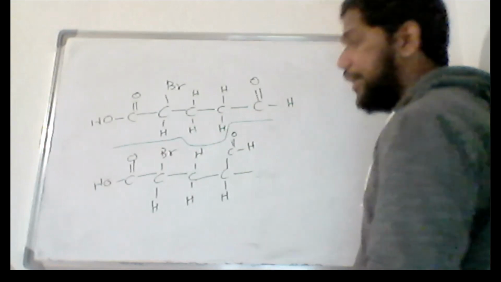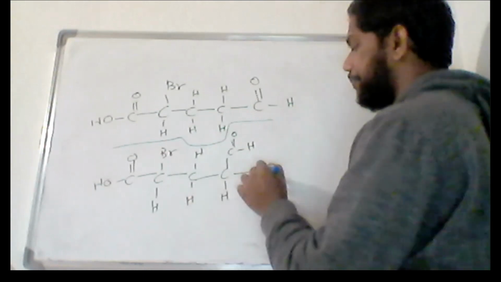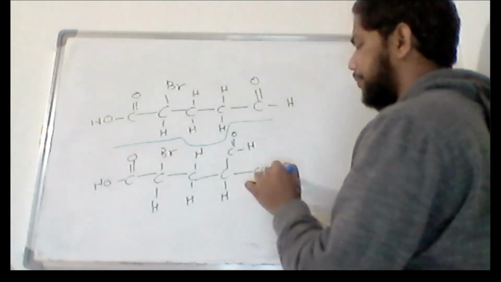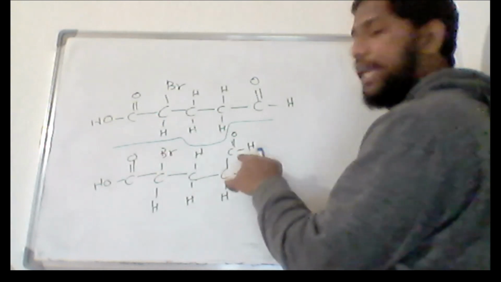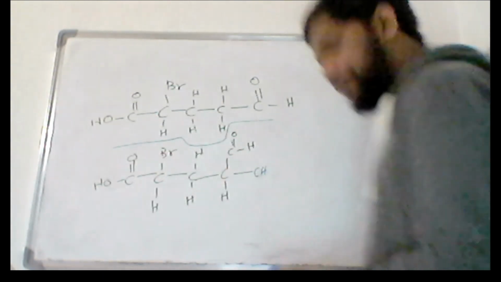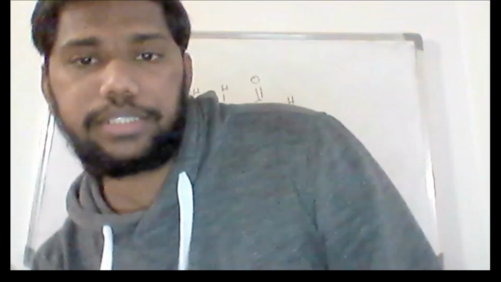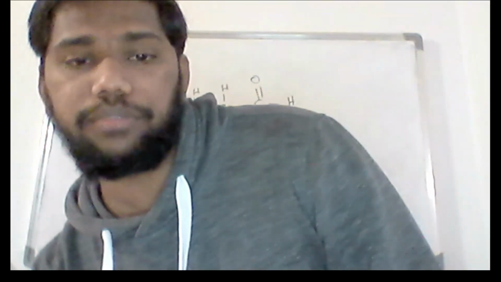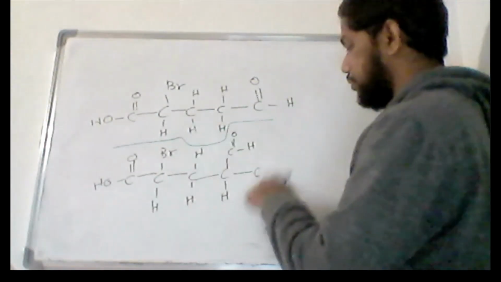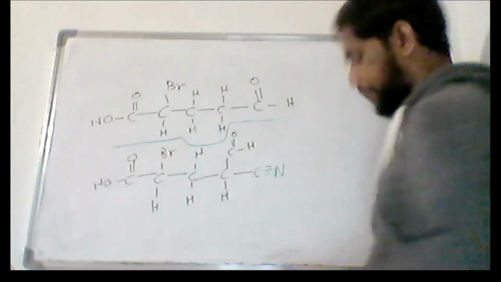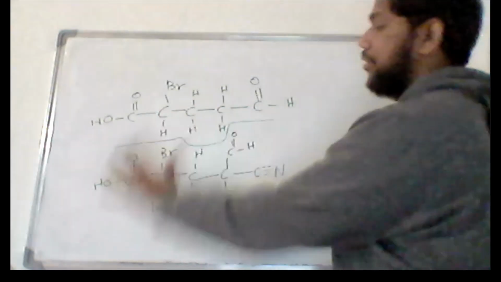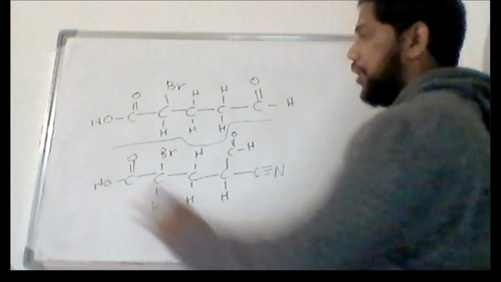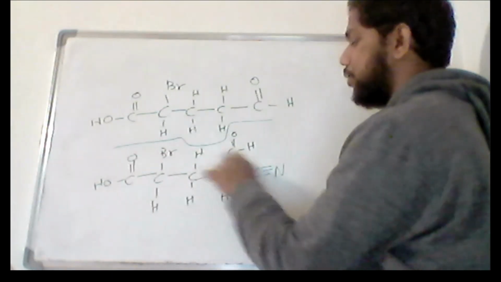And if I put another functional group here, what might happen? The idea I want to give you is, if I have a more prominent functional group than aldehyde, for example a cyanide group, then if you check for the longest carbon chain, you have to select not this one, but this one.